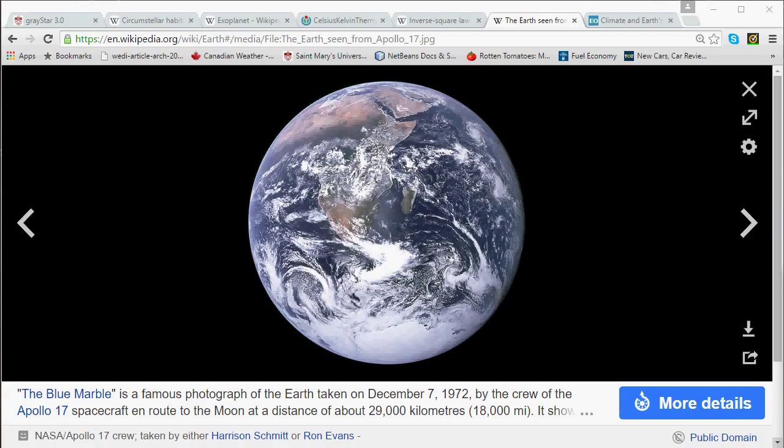Now, in order to appreciate what's going on here, it's important to realize that if the process that we just talked about, heating of a planet by interception of flux from its host star, were the only thing going on, then the planet's surface temperature would increase upward without limit until that planet melts or something happens to it.